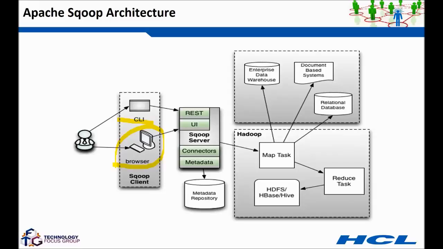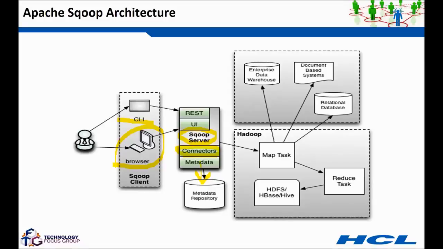The command or browser based utilities will connect to the Sqoop server, where you have installed Sqoop. There are different connectors available for different databases, like Oracle, MySQL, Postgres, DB2, etc. And then Sqoop has its own metadata repository where it stores some metadata, which you can also access as part of your commands if needed, depending upon the requirement.